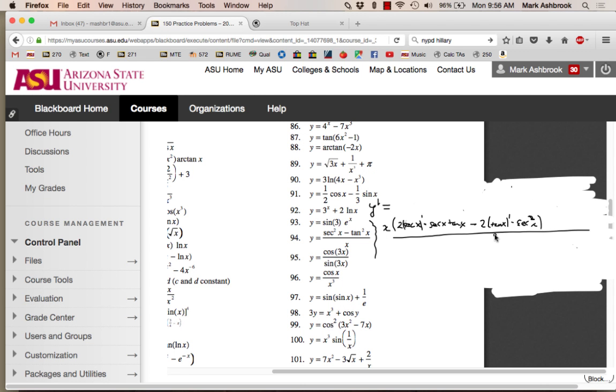Yeah, this is the derivative of the interior. Yeah, but then you have the one that's not being derived on the secant squared x minus tangent squared x. Secant squared x. That was this all there. You want me to do the derivative of this? No, I have the derivative of that, but the secant squared x is the derivative of the tangent x, which you did the chain of a function for the tangent squared x.